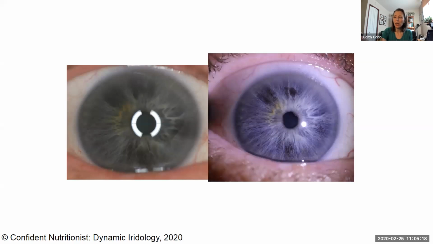That wasn't what changed. What changed here was the technology, right? We went from the image on the left, which has an incandescent ring flash, to the image on the right that is also digital but has an LED flash. The image on the left, there was no way to change the lighting settings within the camera.